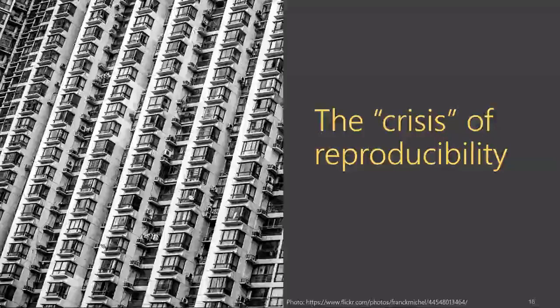So anything else so far? Okay, so let's focus now on the question of reproducibility of research and the so-called crisis of reproducibility. There is an existing debate about whether or not there is such a crisis. Some studies say we have a crisis today, meaning research articles are less and less reproducible.